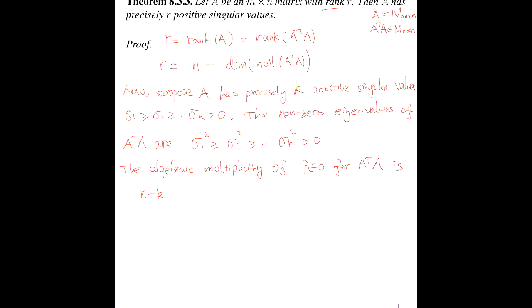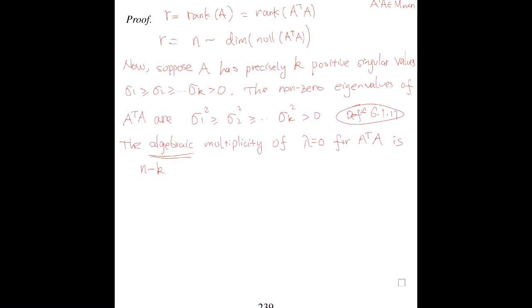If you don't remember the algebraic multiplicity, it is in the definition in chapter 6, 117, I guess. Because we know there are k non-zero or positive eigenvalues there, for the zero eigenvalue the algebraic multiplicity is just n minus k.